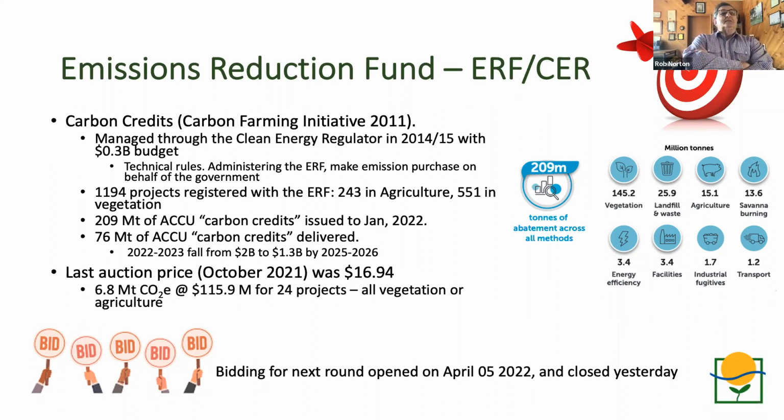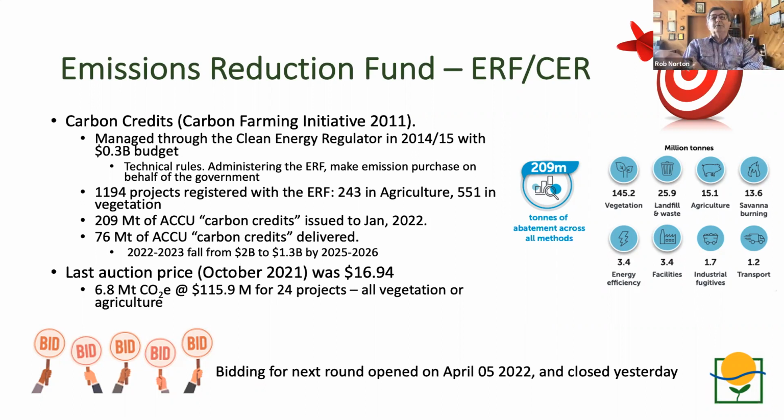The whole concept with the Emissions Reduction Fund is that the government would put some money in to buy carbon credits against which it could offset the emissions that were occurring in the economy. So it started in 2014-15 with 300 million.